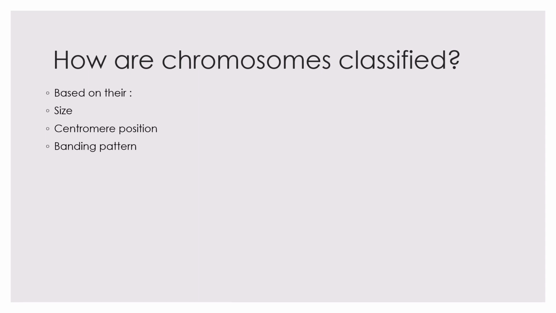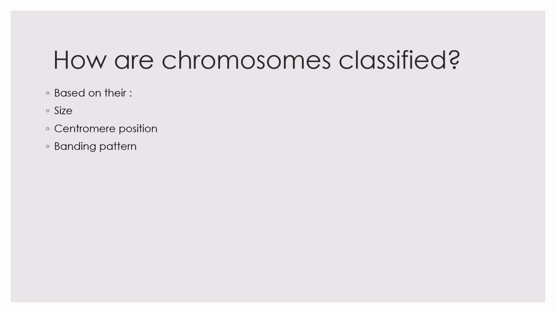Now, chromosomes are classified, like I told you, based on the centromere position, based on their size, and based on their banding pattern. Size we understand, big or small or medium, whatever it is. Centromere, I told you, is the constricted region in the chromosome. Banding pattern, what is banding pattern?